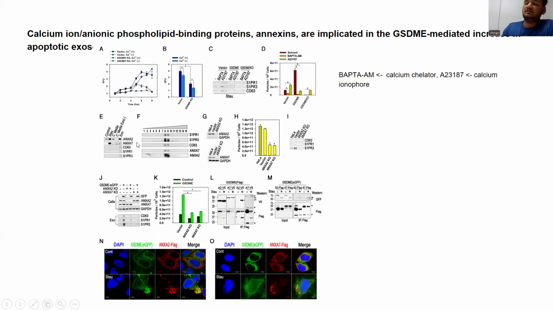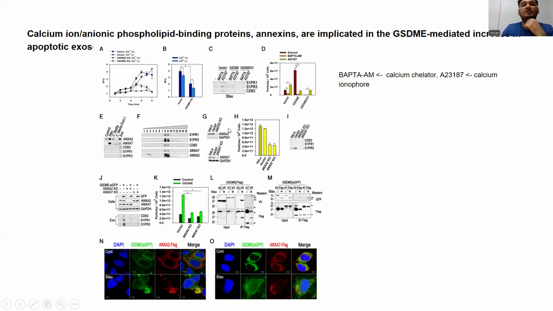Annexin A2 and annexin A7 are calcium binding proteins. It was found that annexin A2 was localized in the exosomes, while annexin A7 was not, and the same in the density gradient centrifugation. Annexin A7 and annexin A2 were found in the same fractions as the exosomes.